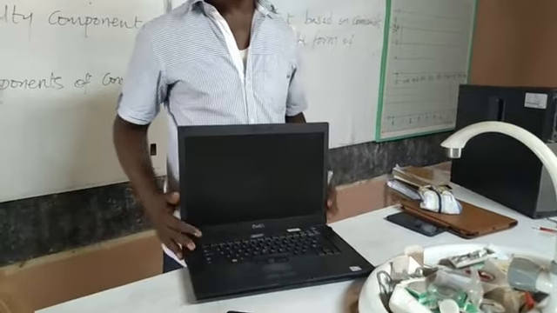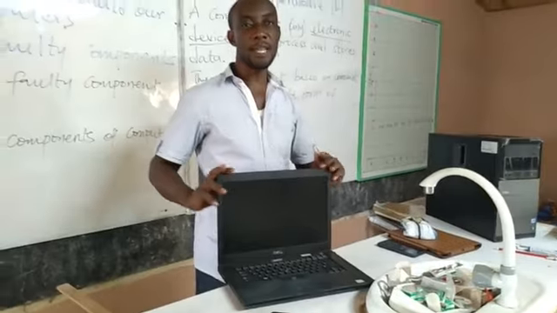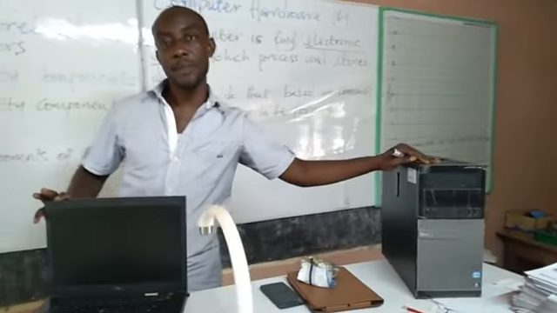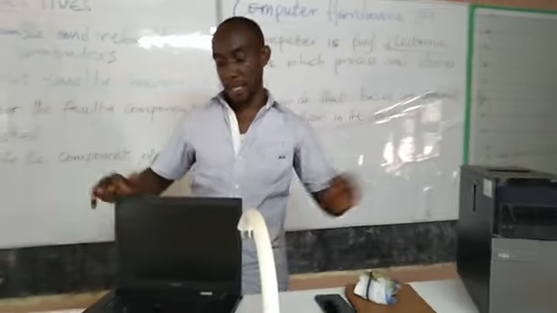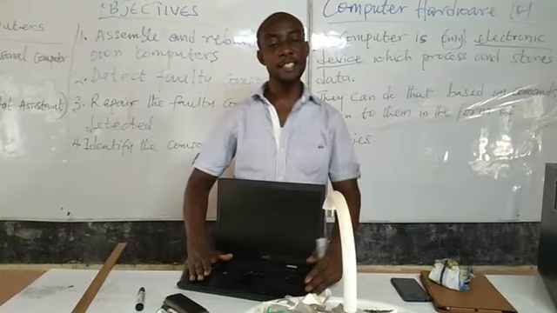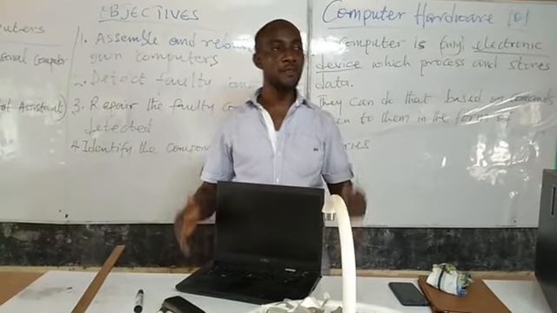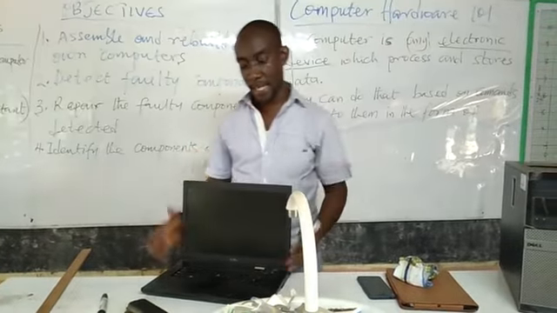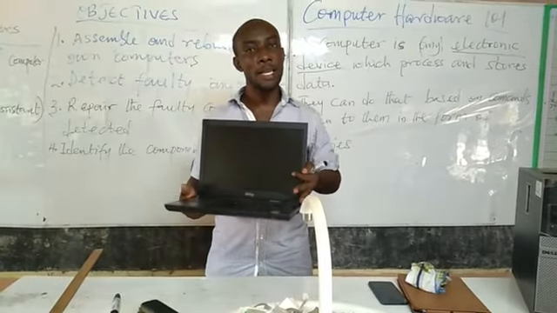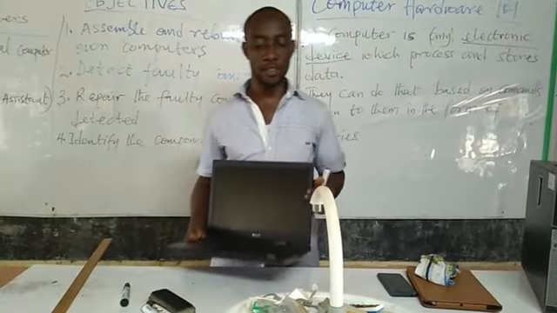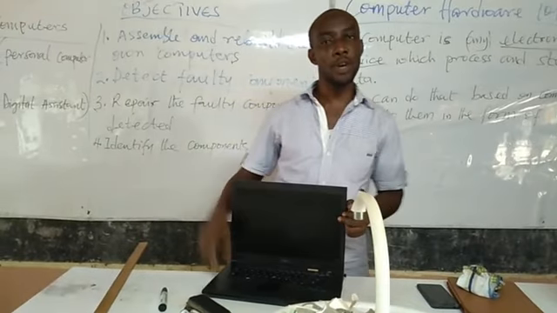So we have a Dell tower desktop, then a Dell laptop. As a technician, you should be able to differentiate between all of them. We call it a laptop because we put it on our lap. That is just the difference, but the components are the same, and we'll get there.